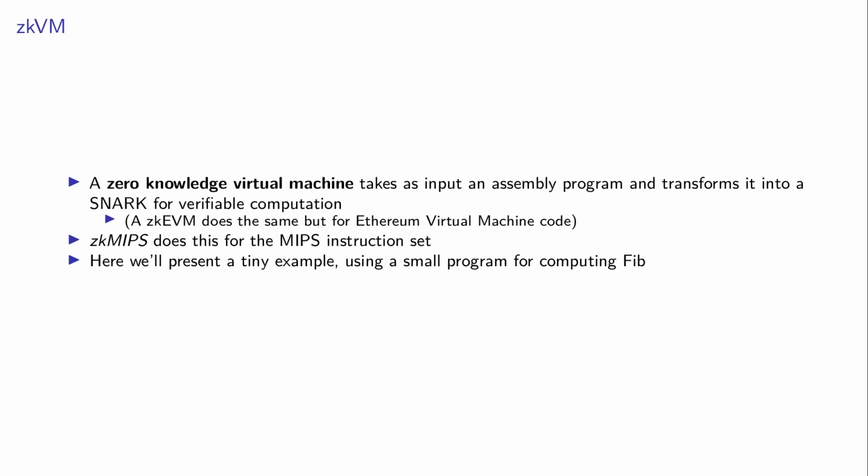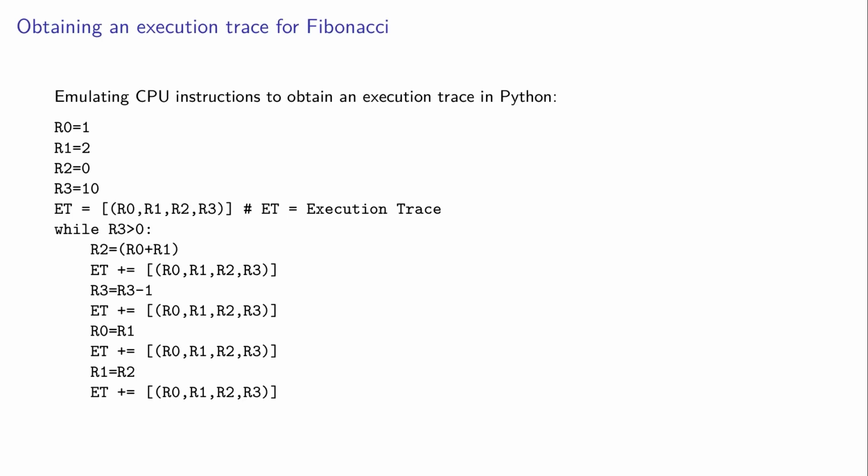In fact, I'll be using the Fibonacci example, but instead of using a recursion relation, I have this mock CPU instruction. Essentially, this is just Python, but you can see I have these variables, register 0, register 1, and the operations are quite simple.